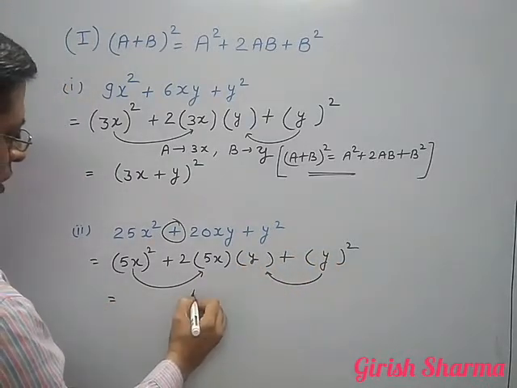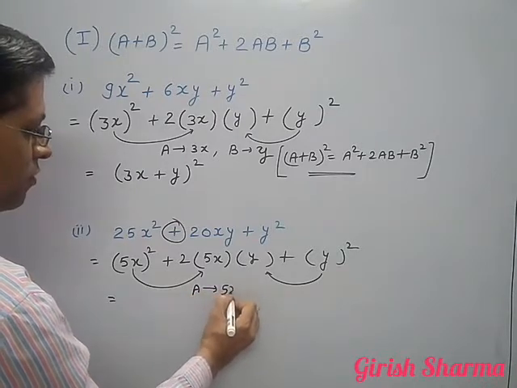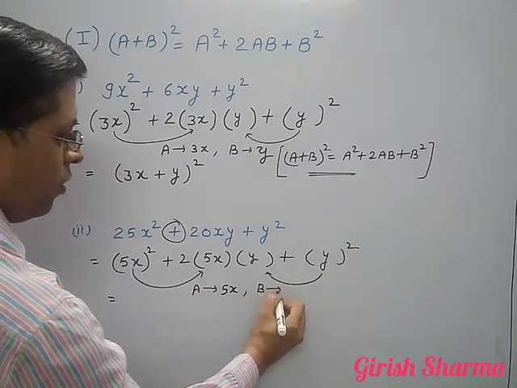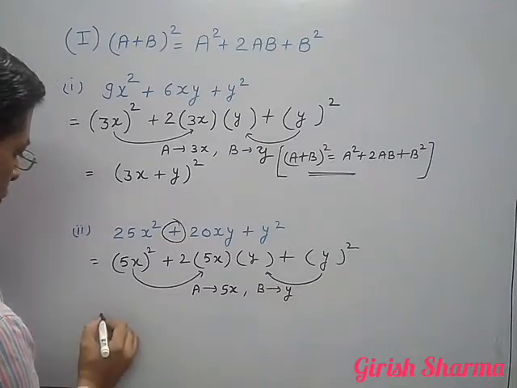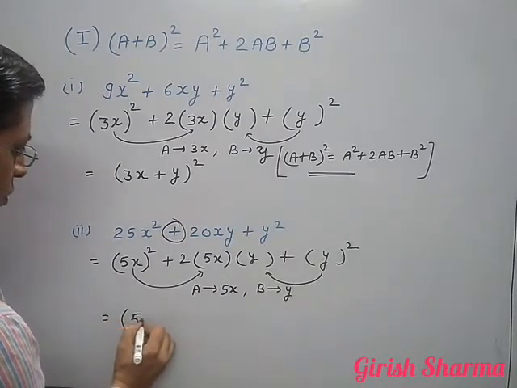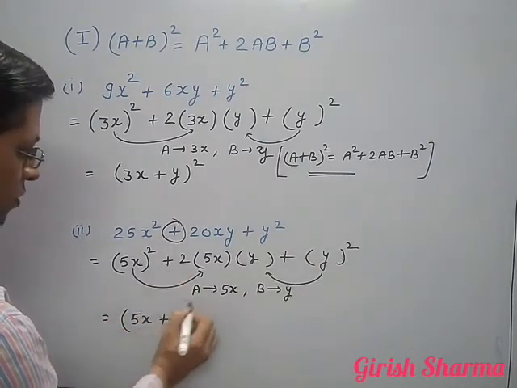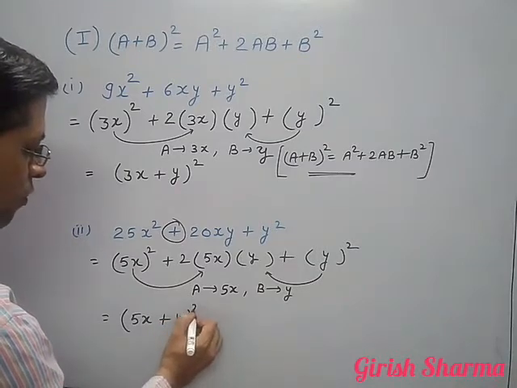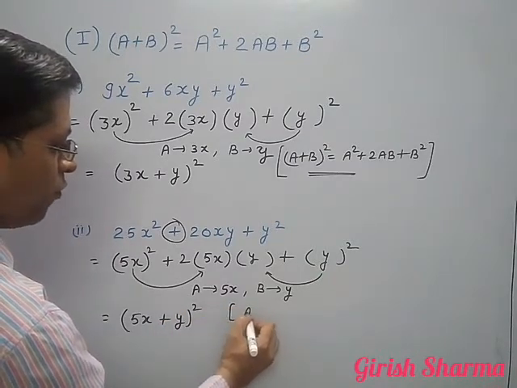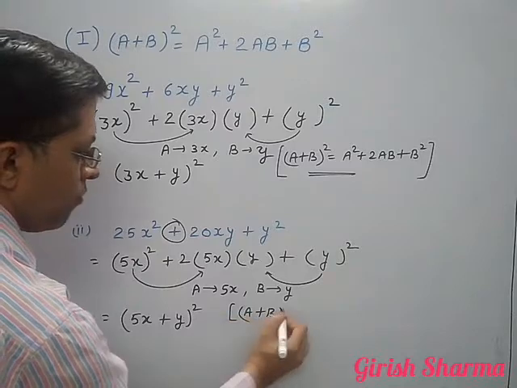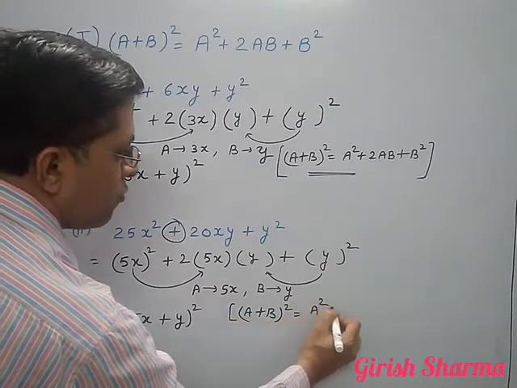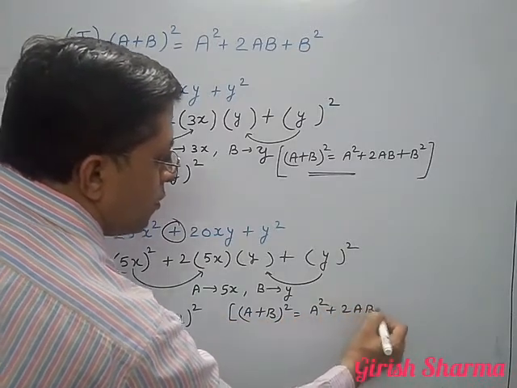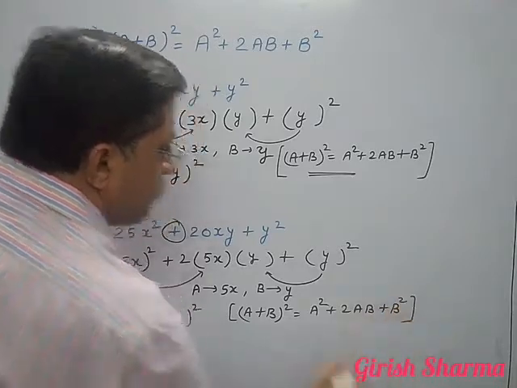Then a will be your 5x and b is your y. So what will be our answer? 5x plus y whole square, because the plus sign is here, with the help of the identity (a plus b) whole square is equal to a square plus 2ab plus b square.